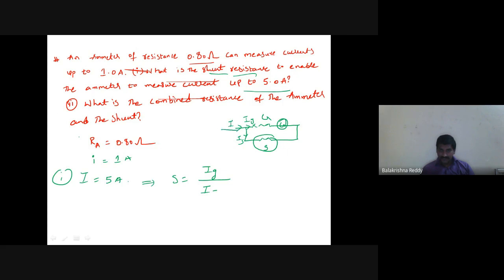The total current I entering here is divided as Ig and Is. Since Is is unknown, this is I minus Ig. Rg is the galvanometer resistance.